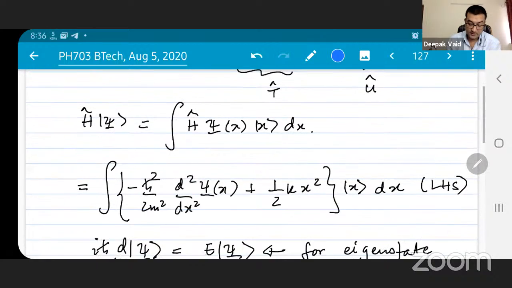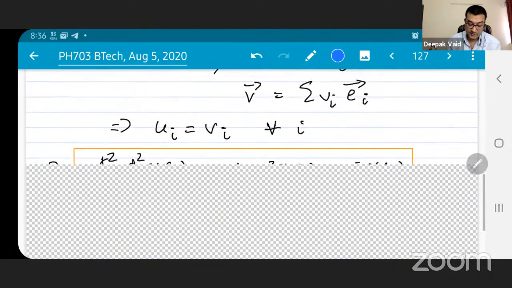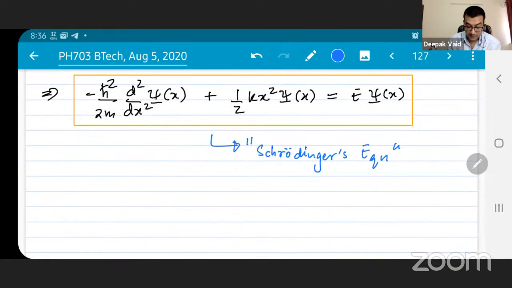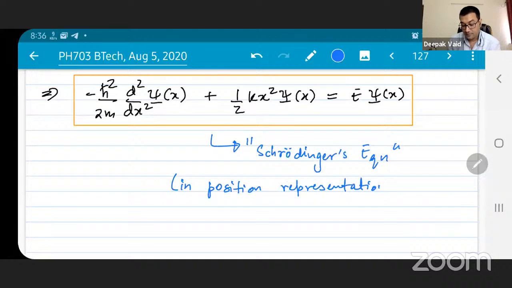And what is this expression? This is the Schrodinger equation in the position representation, right? So one could equally well, instead of using the position representation, use the momentum representation.